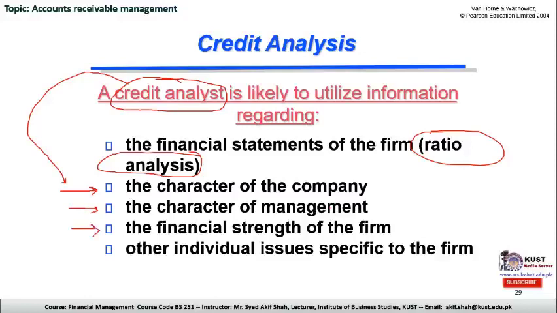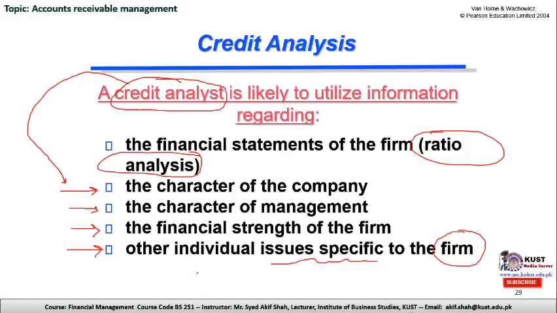Fourth, the financial strength of the company or firm will be checked with the help of the balance sheet and income statement, where we can analyze their financial strength. Finally, other individual issues specific to the firm, like if there is any union or labor strike going on in that firm of the credit applicant, then we can say that in future they will be unable to pay out their obligation.